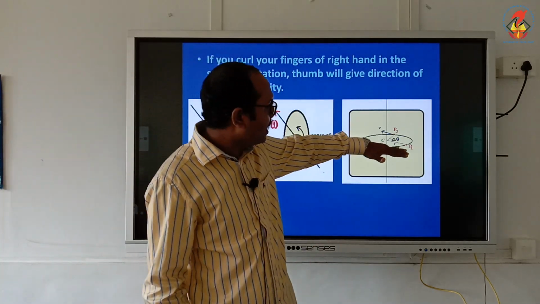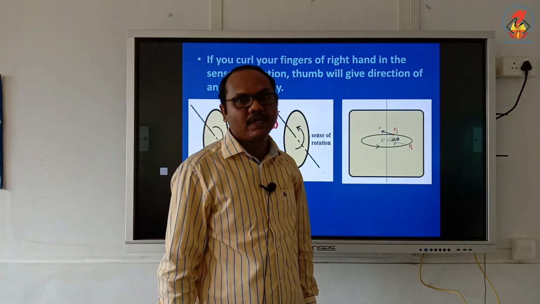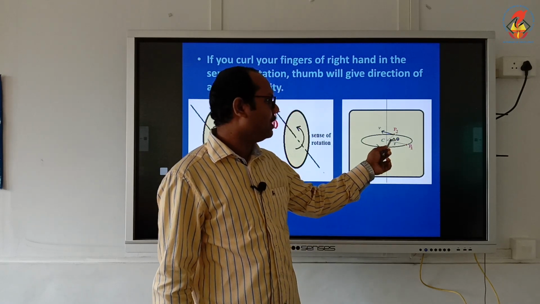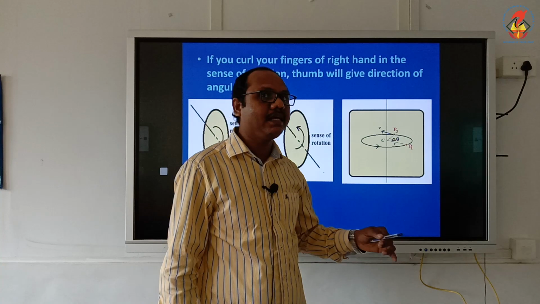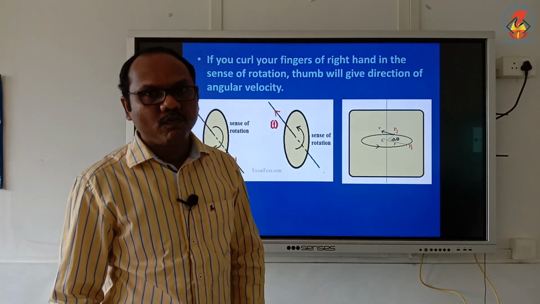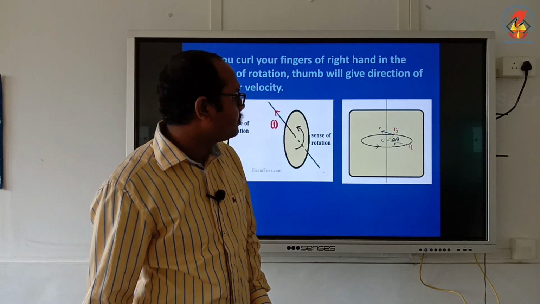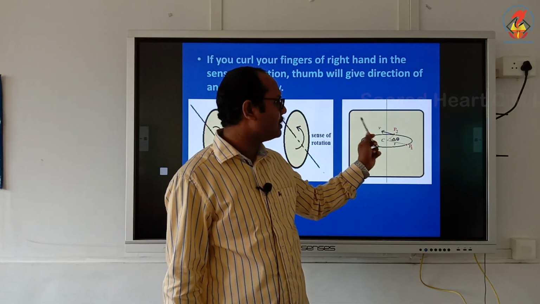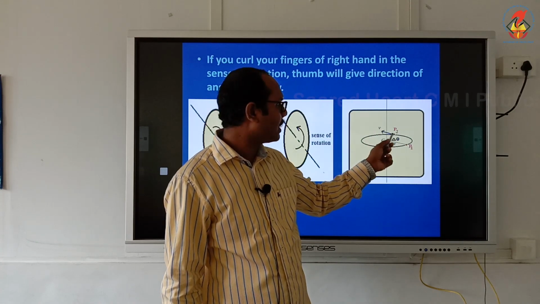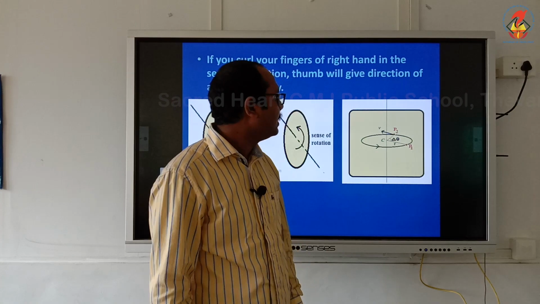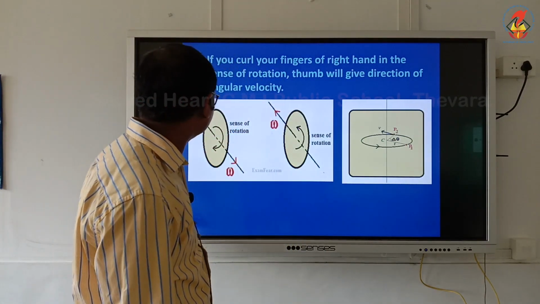The angle swept by the radius vector is called delta theta, and delta theta by delta t is called angular velocity. Here the linear velocity v is always along the tangent of the circular path.